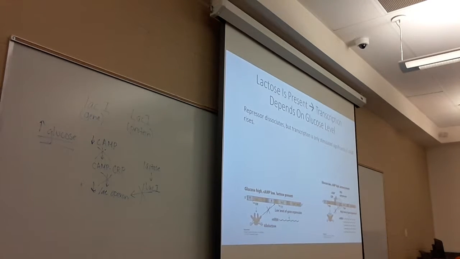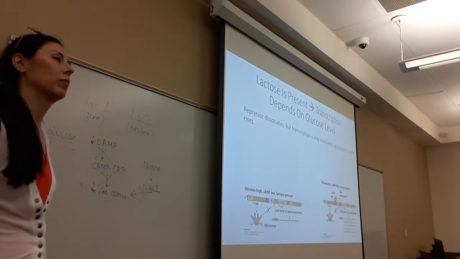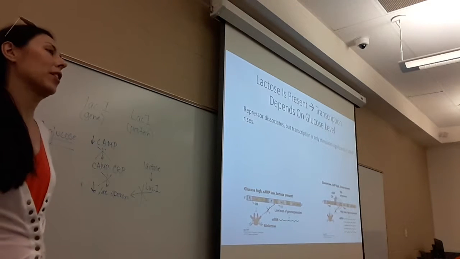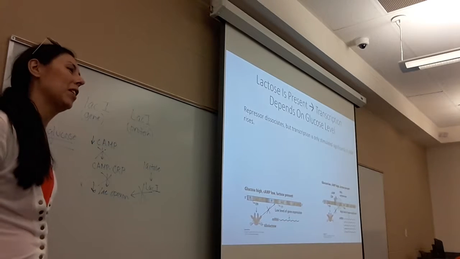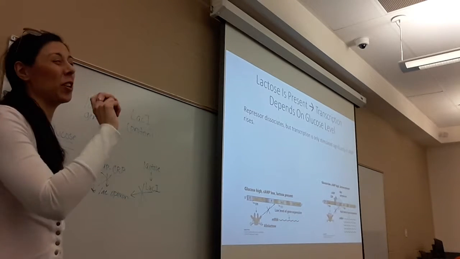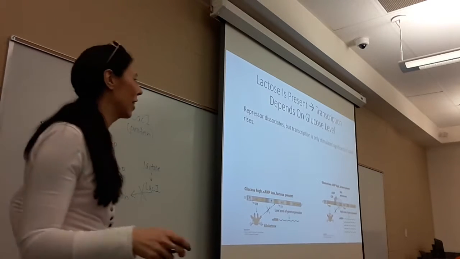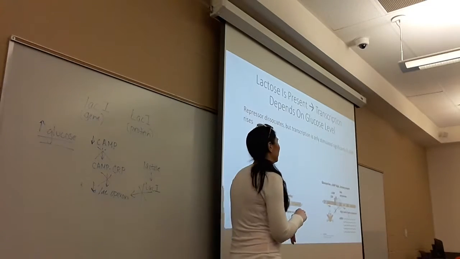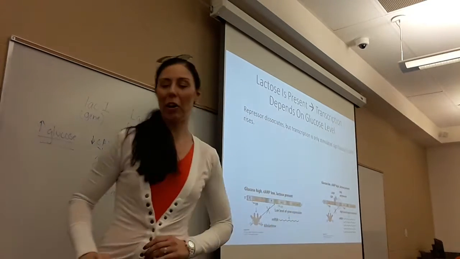Okay, so what if you're lactose intolerant? Bacteria are not lactose intolerant. Only we humans are lactose intolerant. Actually, I don't even want to relate it. They're not related at all.